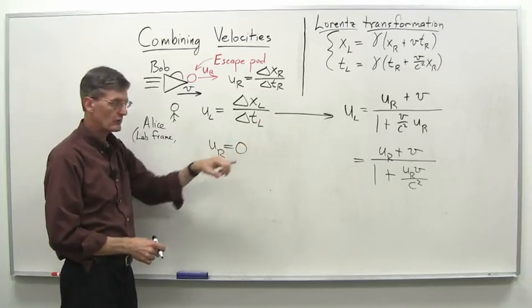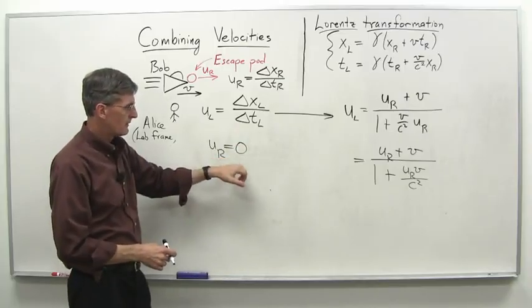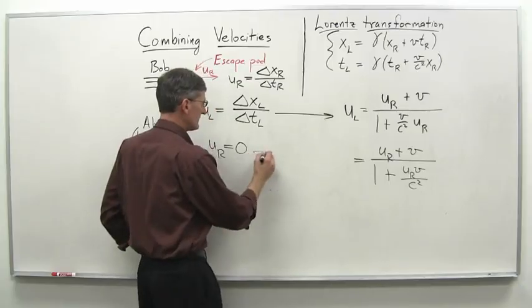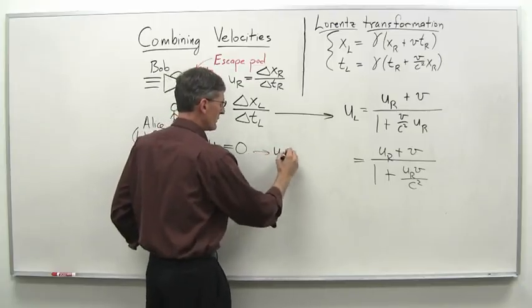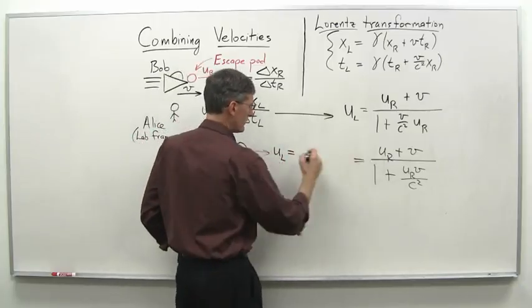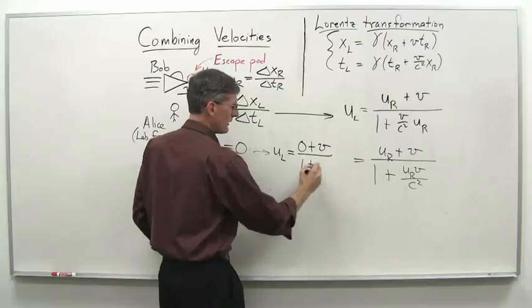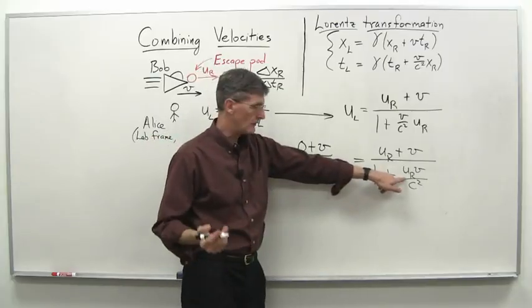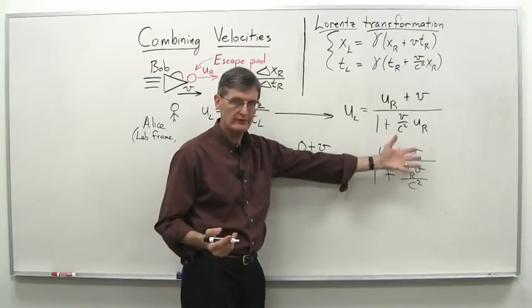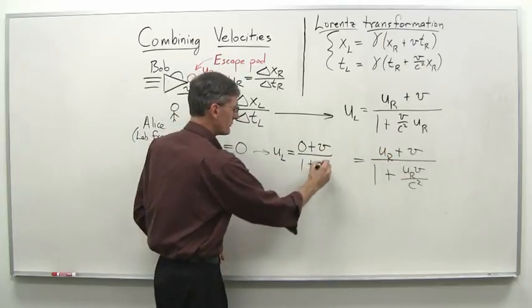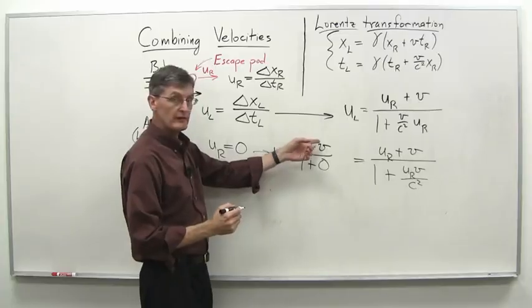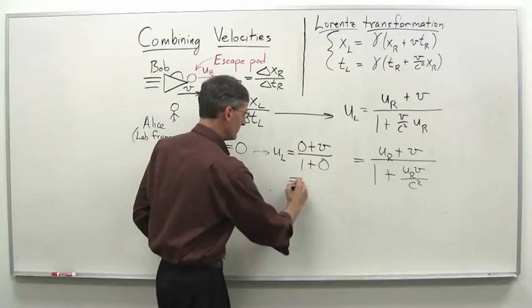So let's see if our equation works. u sub r equals 0. So let's plug that in here. So that leads to u sub l equals 0 plus v over 1 plus, well, if u sub r is 0, this whole thing over here becomes 0. 0 times anything is 0, of course. So it's just 1 plus 0. I get v divided by 1. That's just v.